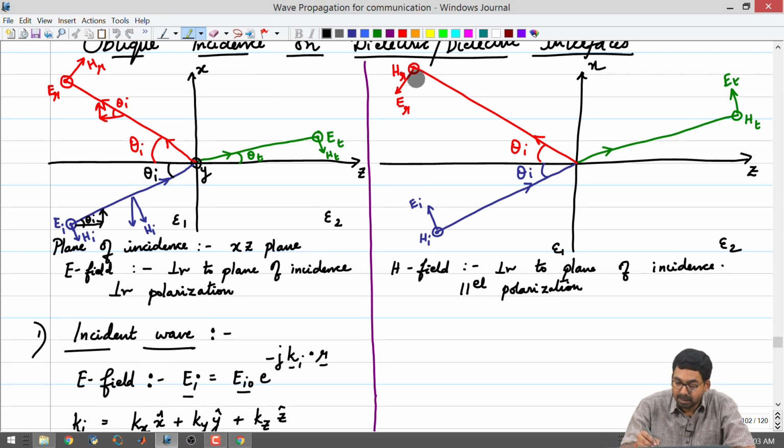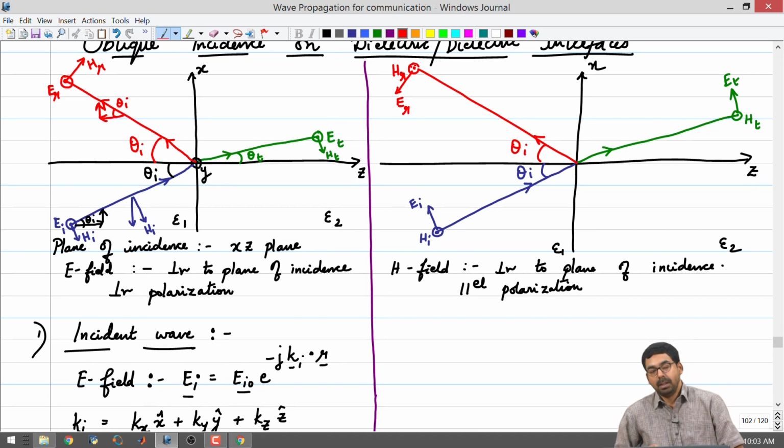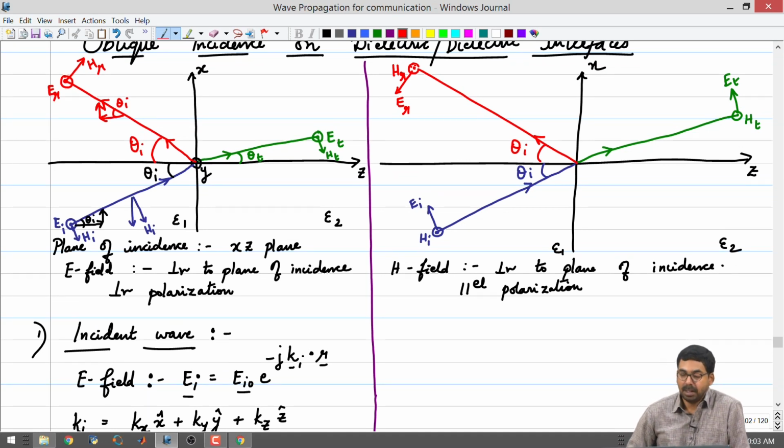I think the way it has been drawn, it looks like a cross for the HR. So, I will just correct that a little bit. The magnetic field is out of plane and the electric field is oriented in such a way as to form a right handed triad.